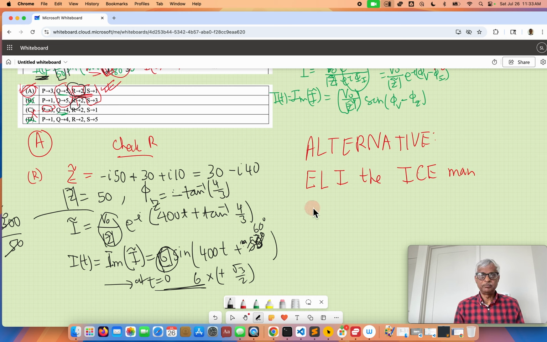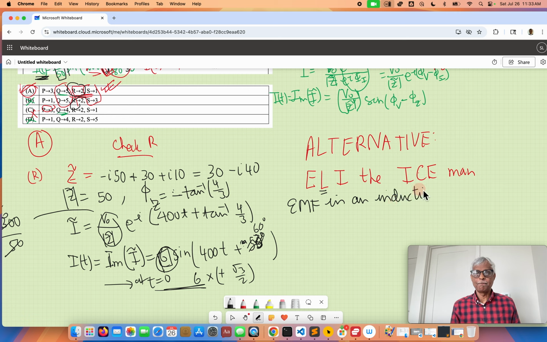Look at this mnemonic: EMF in an inductive circuit leads current.